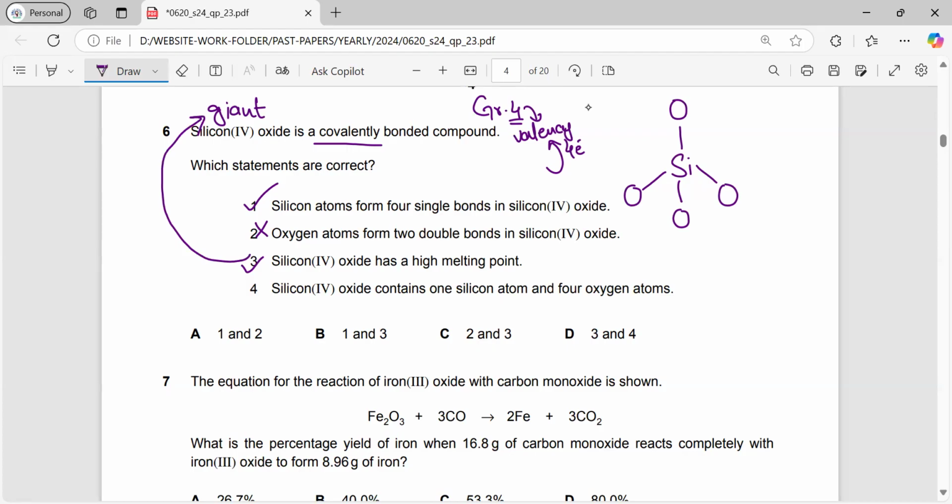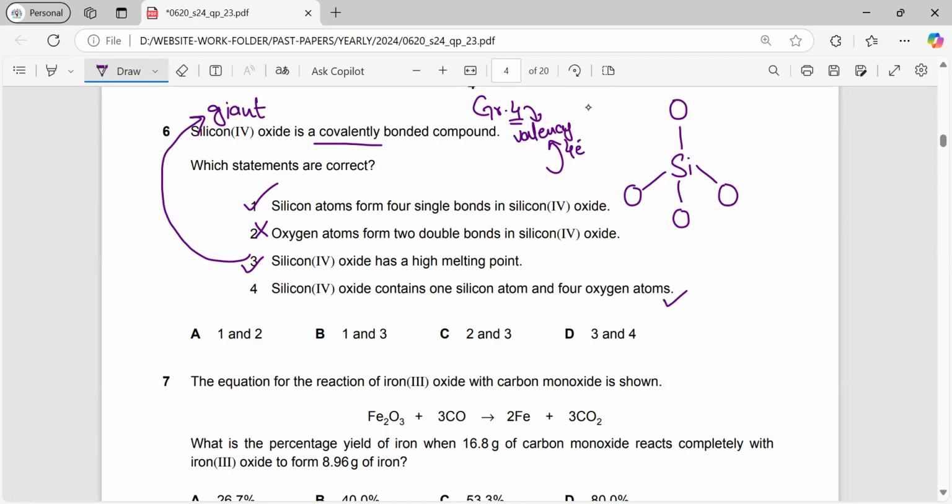Silicon oxide contains 1 silicon atom and 4 oxygen atoms. This might be true, but silicon oxide is a giant structure.